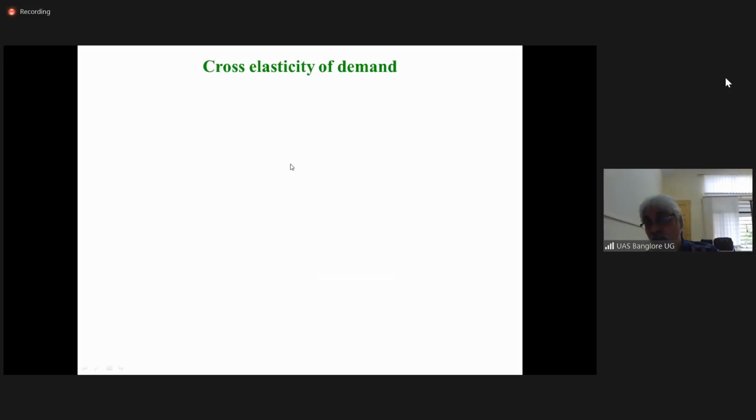But when we talk about cross elasticity, we try to find out the relationship between the price of one commodity and the quantity demanded of another commodity.